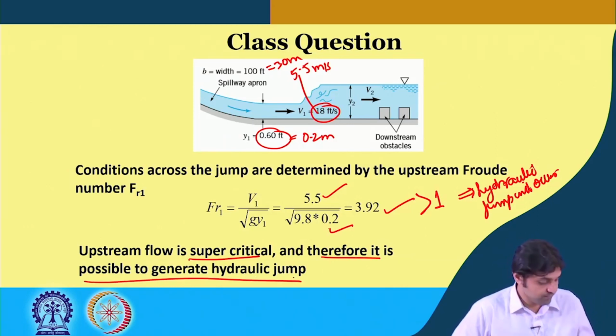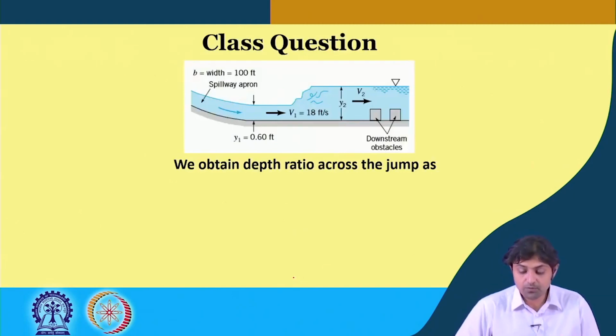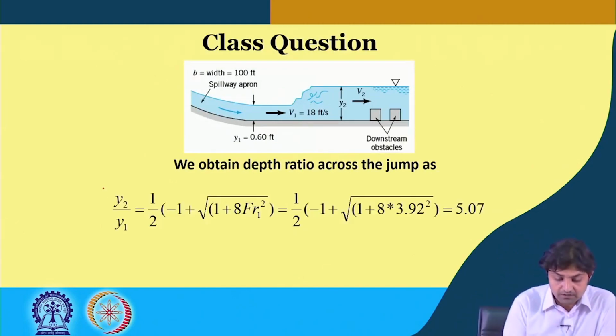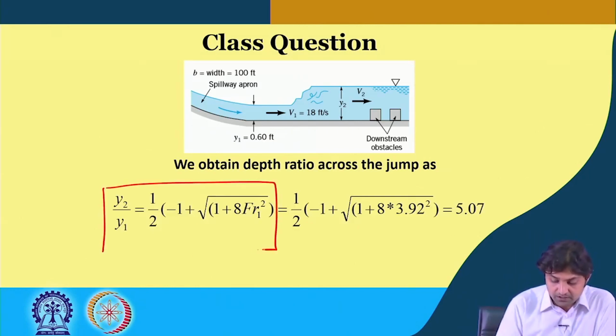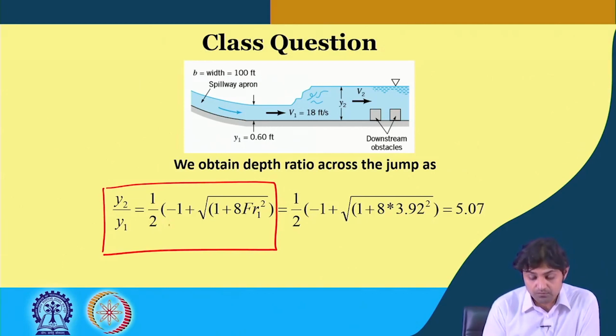First step. In the second step, we obtain the depth ratio. We had the formula which said y2 by y1 is equal to half multiplied by minus 1 plus square root of 1 plus 8 Fr1 squared. Fr1 squared, which we already found out in the previous slide, was 3.92.